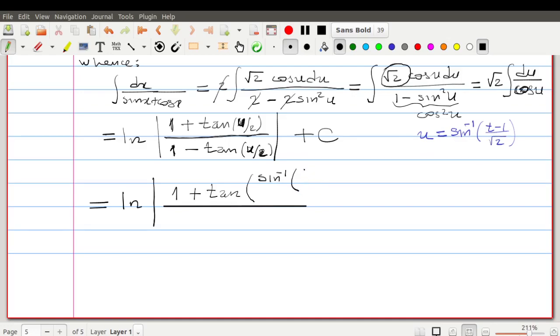T is tan x by 2 minus 1 by square root of 2. I close. So that is our sine. So tan of u, so this is u, and we divide that by 2 again, right? So this divided by 2, and then I close the argument of my tan.